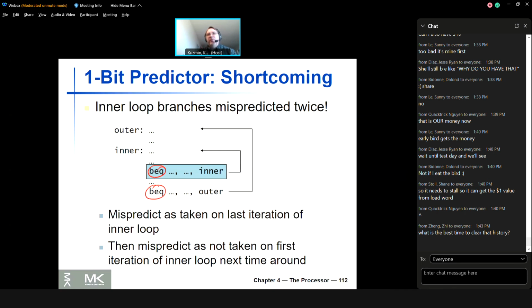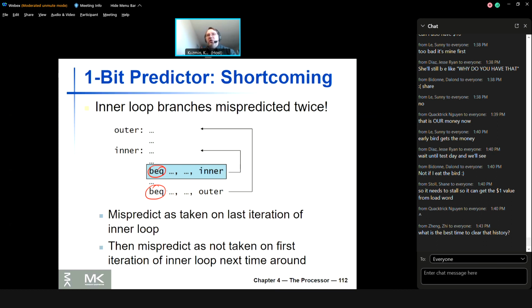We cycle through the body of the inner loop multiple times, so the branch will be taken. But when you are done with the inner loop, the branch will be not taken. So if you predicted it was taken, you would be mistaken.